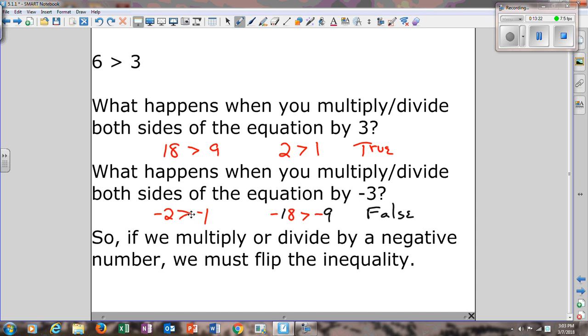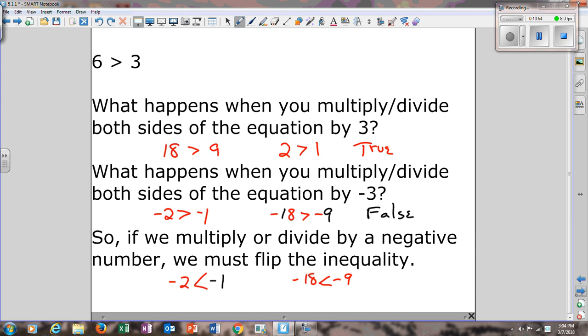If we flip the inequality so that instead of greater than, it's less than, it makes it true. Negative 2 is less than negative 1. Same thing over here. If we flip the inequality, negative 18 is less than negative 9. This is true. So because when we flip the inequality, it makes it true, that's going to be our new rule for inequalities.